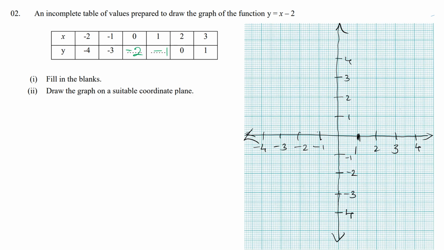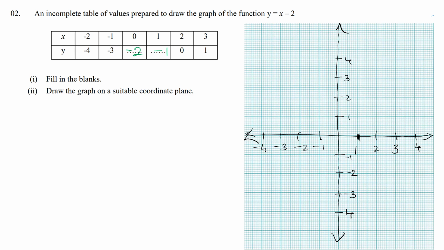When x equals minus 2, y equals minus 4, so this is the point. When x equals minus 1, y equals minus 3.